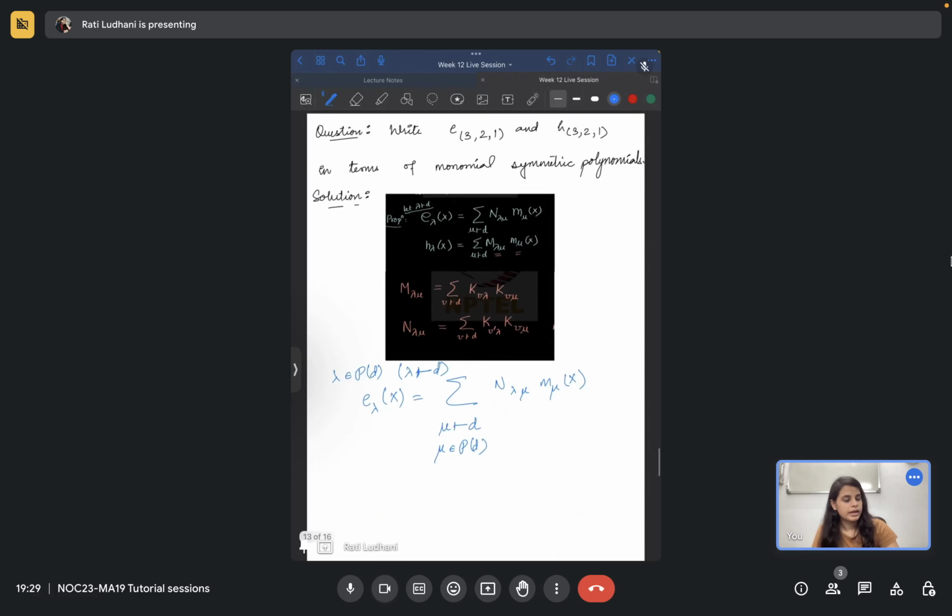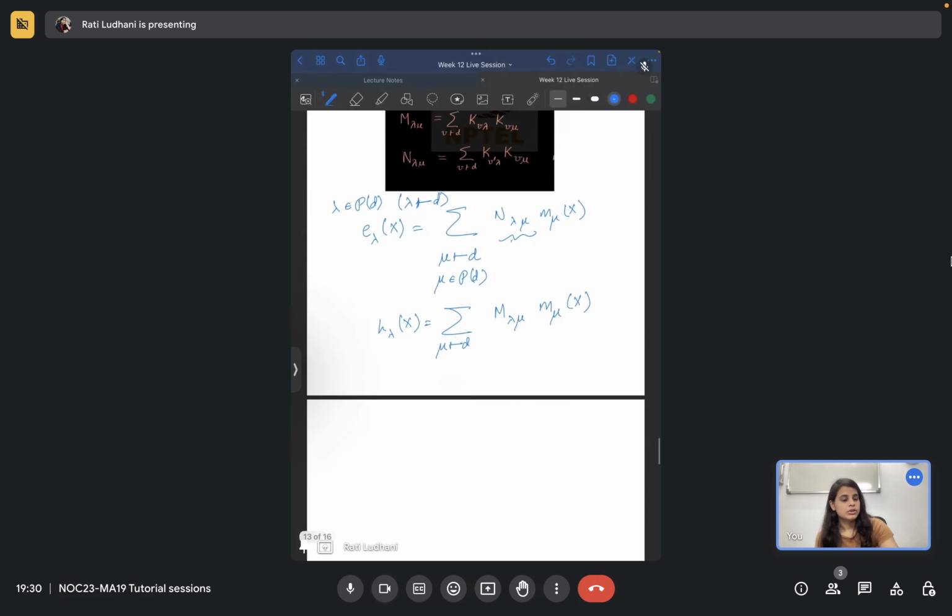And again h lambda considers the corresponding m. So what are these n and m? Okay, I'll write h first. h lambda x is equal to the summation over mu, partitions of d, of m lambda mu times m mu x.